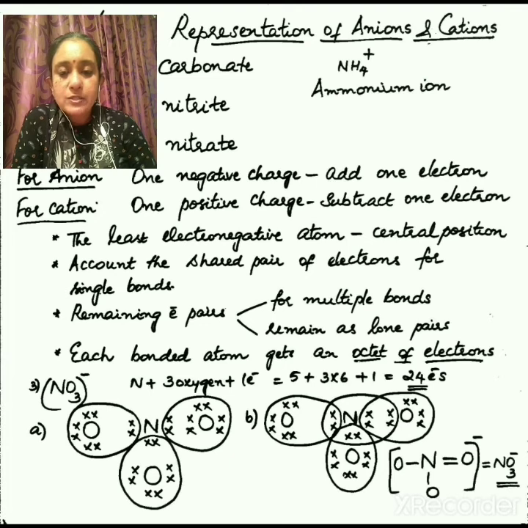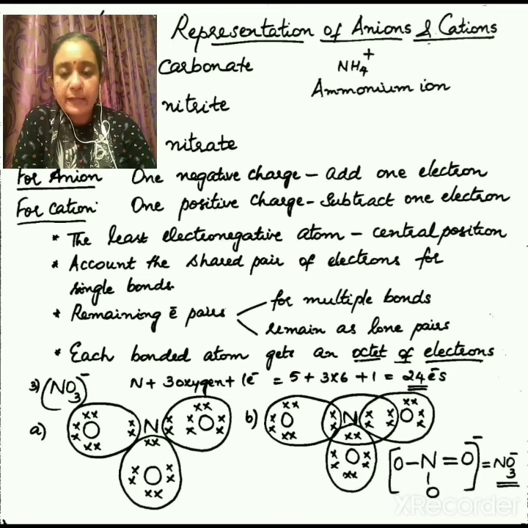Account the shared pairs of electrons for single bonds. You know that a single bond is formed when a pair of electrons is shared between 2 atoms. So shared pairs of electrons can be taken as a single bond formed between two atoms.